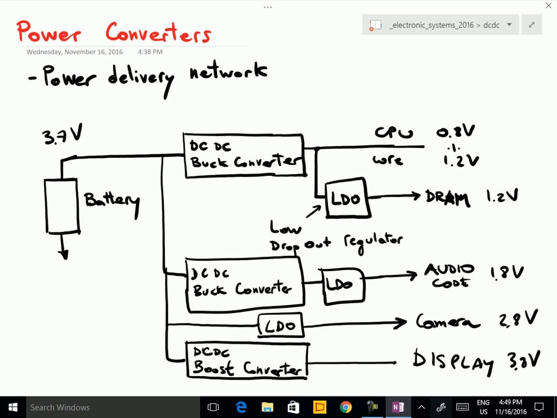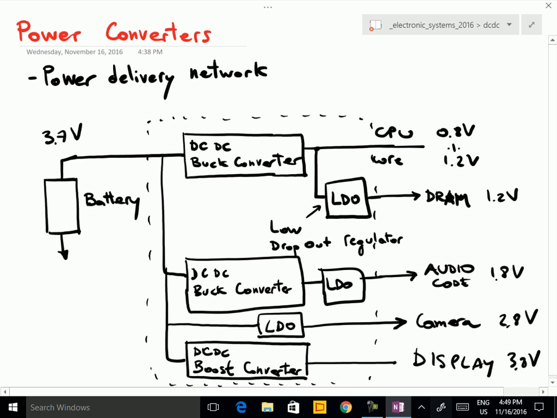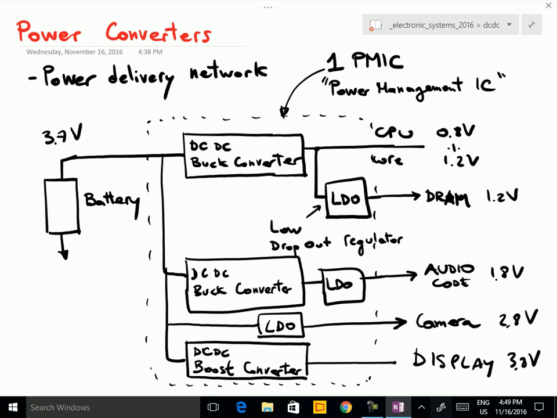Okay, so they are all in just one PMIC. There's a single one.